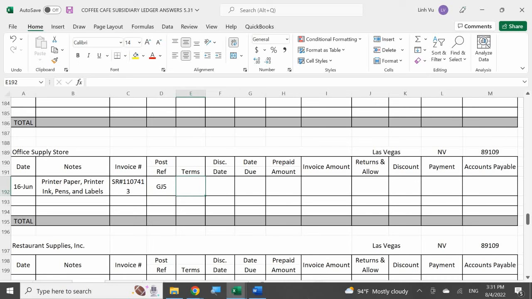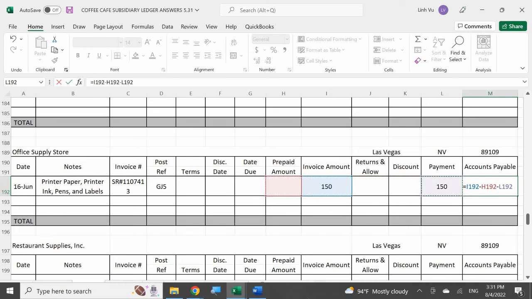Because it's already paid, the invoice amount was $150, and then payment was $150. So accounts payable is 0. Good.